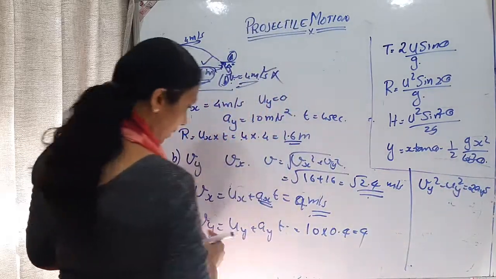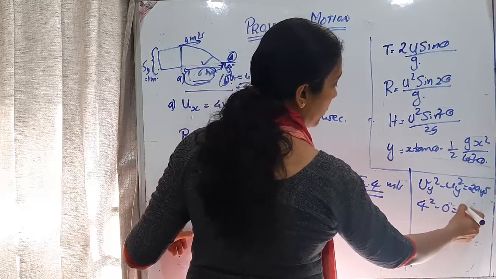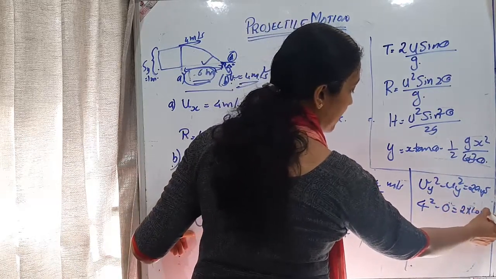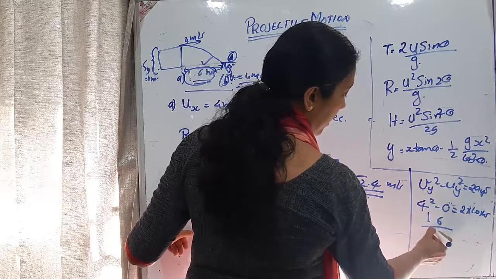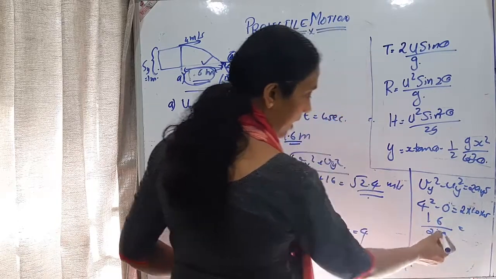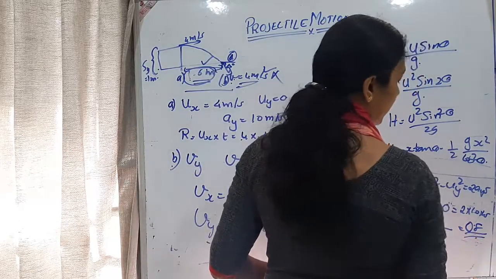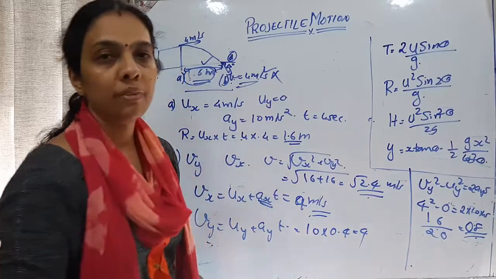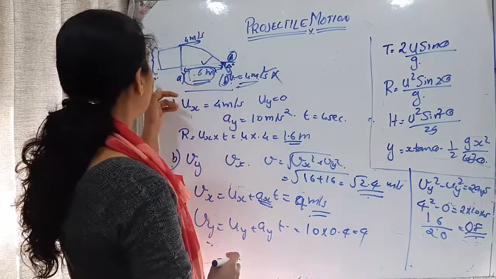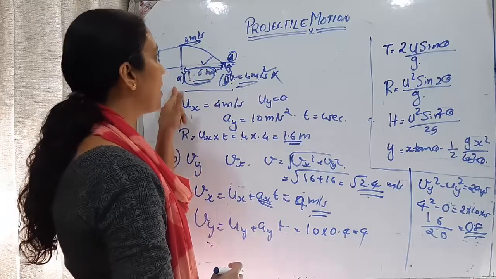So here Vy we got as 4 square minus 0 equals 2 into 10 into s. Therefore it is 16 divided by 20. So here the distance we will be getting is 0.8 only, so it's wrong. Okay, clear? Here it is given as 1 meter. So all these answers are wrong over there.